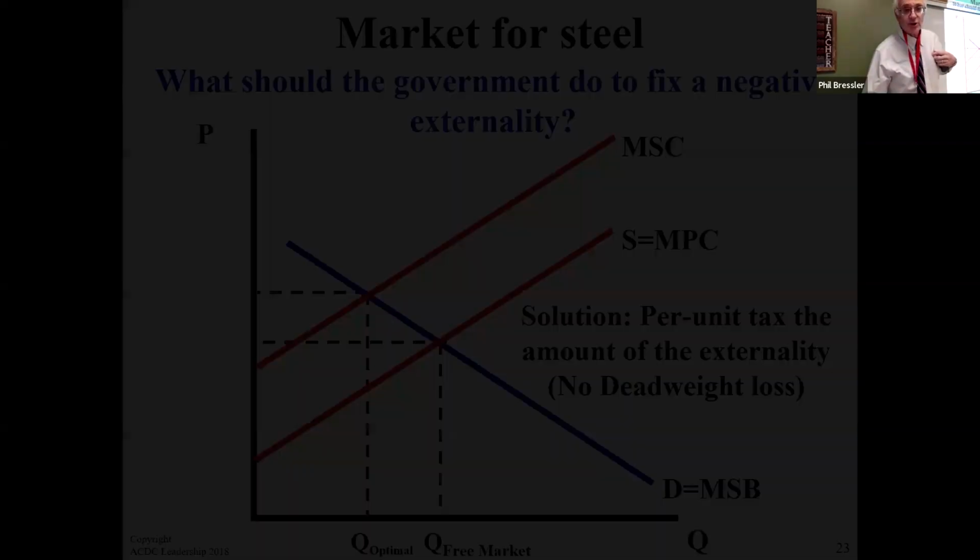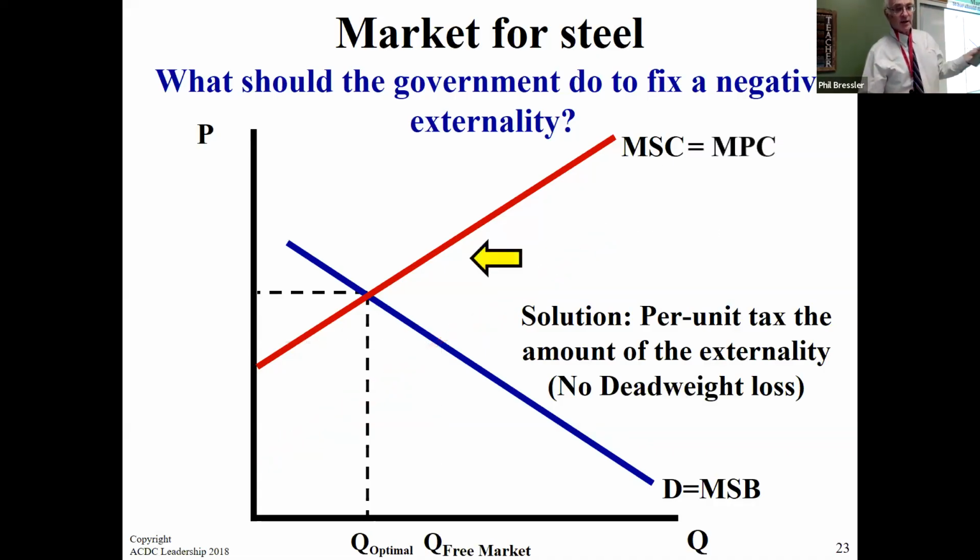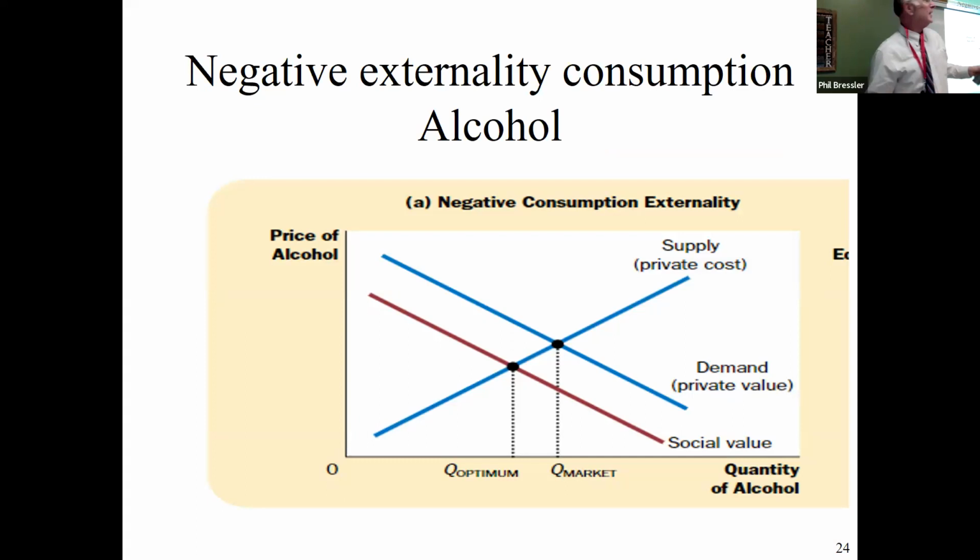So if it's on the consumer, and this is just us going through what we did, it's going to be a demand curve. Okay, so you're going to start out. So we're going to start out with P market and P optimal.